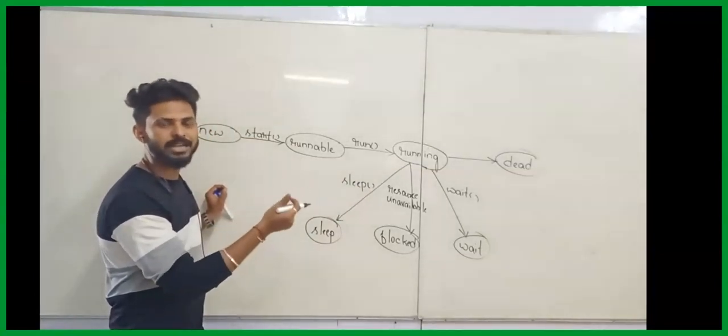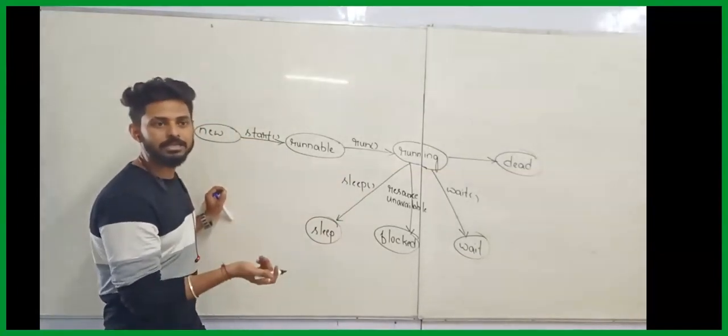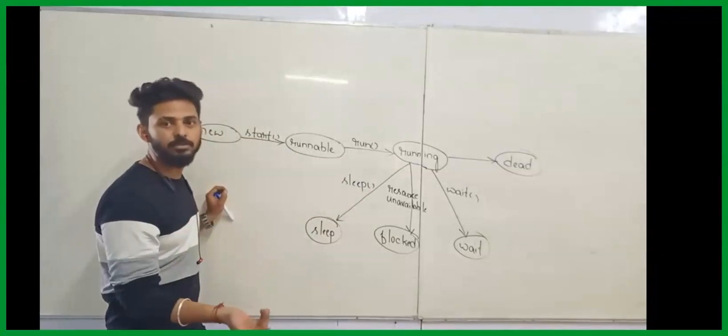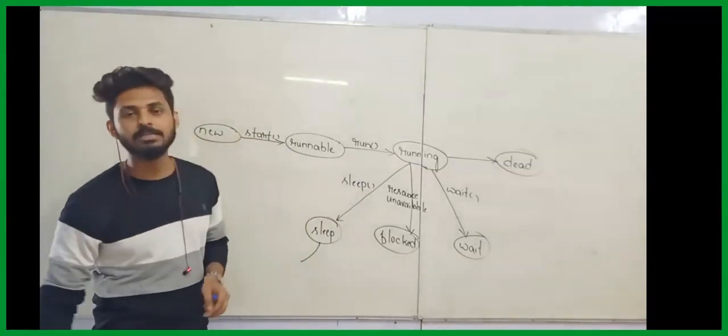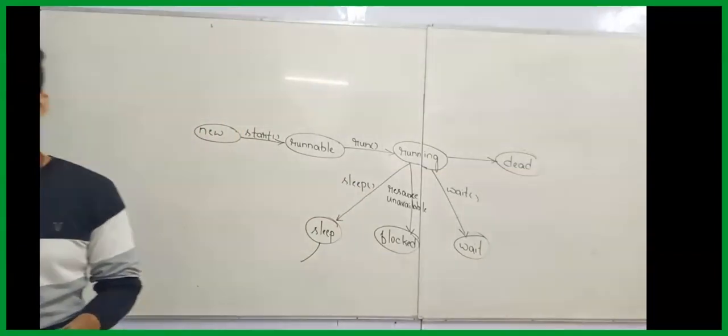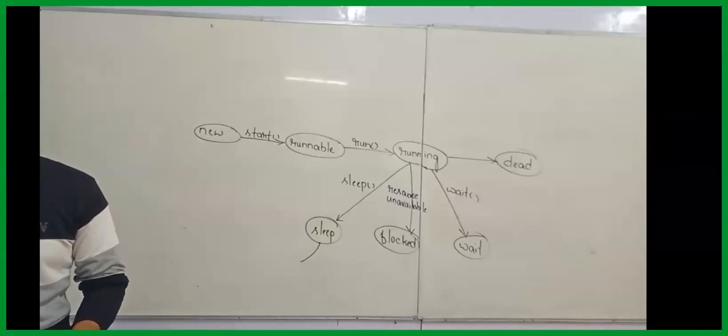Yes or no? 5 seconds means 5,000, 6,000 means 6 seconds. Once the sleep duration is over, definitely it will come out. Once it comes out, where will it go? Runnable or running?